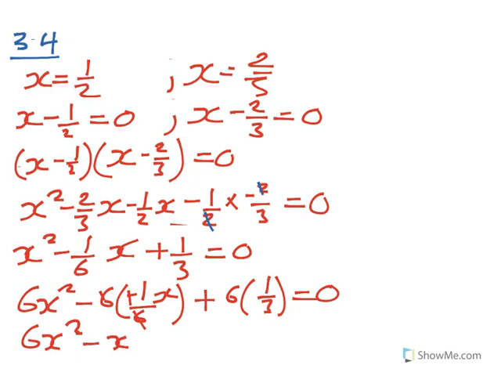As a correction, I forgot the 7 here: it's supposed to be minus 7 over 6, so it's minus 7x. Minus 7x plus 2 is equal to 0, which is similar to the previous one that we just did. So this is another alternative method.